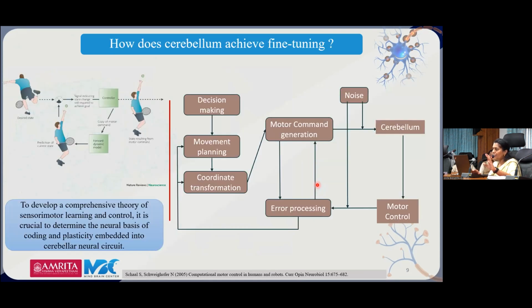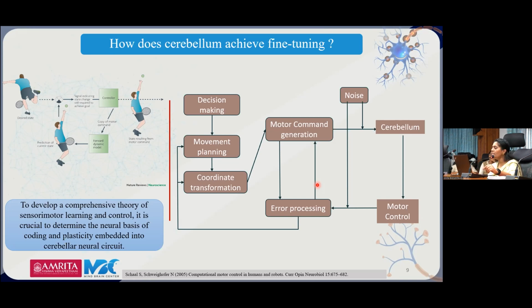And from here, people started looking at how the cerebellum is performing this fine tuning of movement. From there, people came up with the control schema. That was a breakthrough in 2005, where they suggested that when information comes in from the higher centers of the brain, the motor planning is initiated, and the coordinates undergo transformations to give the motor commands.